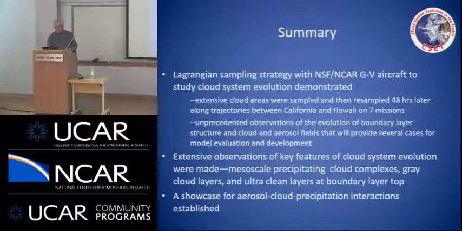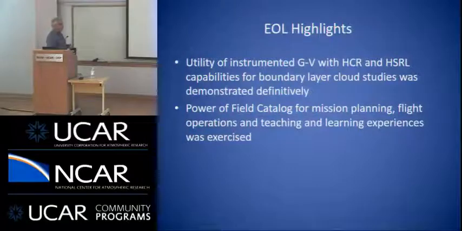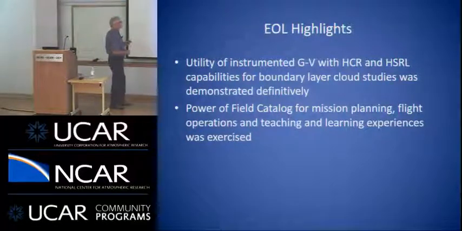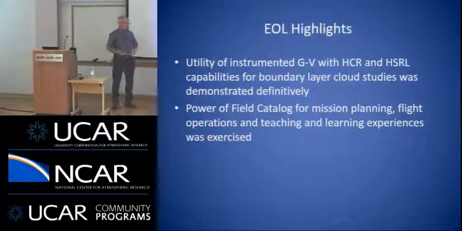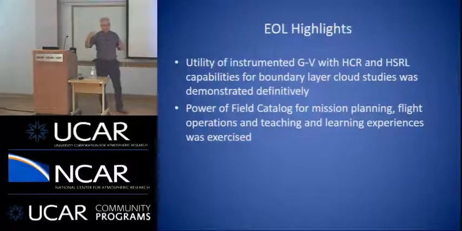There's also another slide here which is sort of the EOL highlights, at least from my perspective. One is that I think we demonstrated the utility of the G5, particularly with the radar and LiDAR, for studying boundary layer clouds. People have said, well, the HIAPER is really an upper aircraft, it's not designed for that. And we know some of the instruments did have their problems down in the boundary layer. The chilled mirror, for example, some of the instruments overheated and other things.